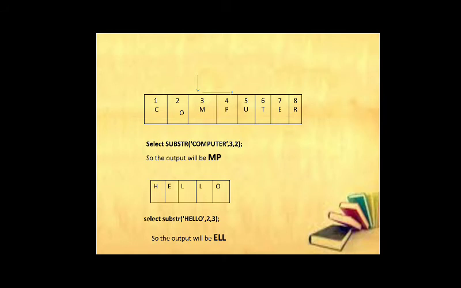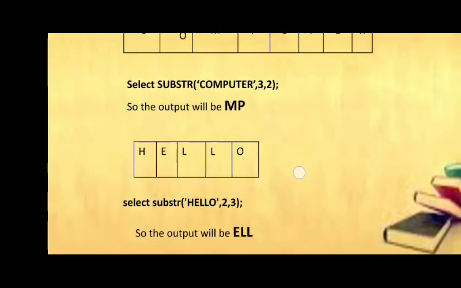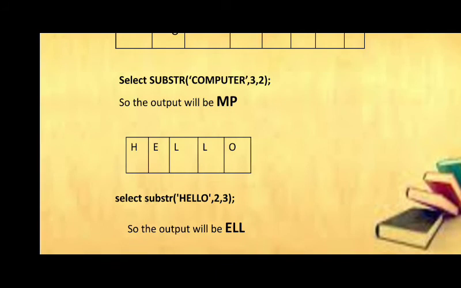Now the second example, select substr hello, 2, 3. The string is given inside quotes and the other numbers, the position and length, are integer values. Please note that. Now, substr hello 2, 3 will be starting from the second position.